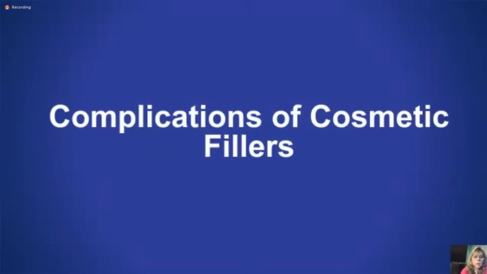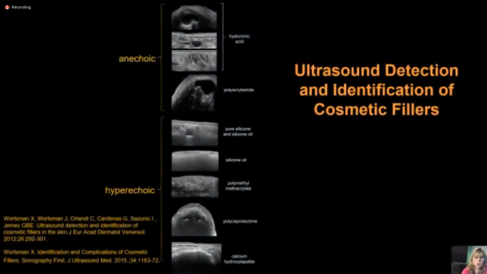Then, some words about complications of fillers. So far, ultrasound is the only imaging modality that can discriminate the different types of cosmetic fillers. I mean the most common ones.